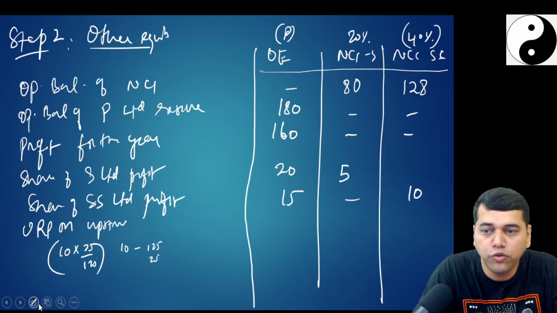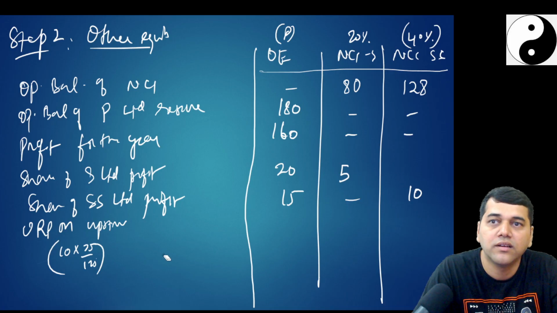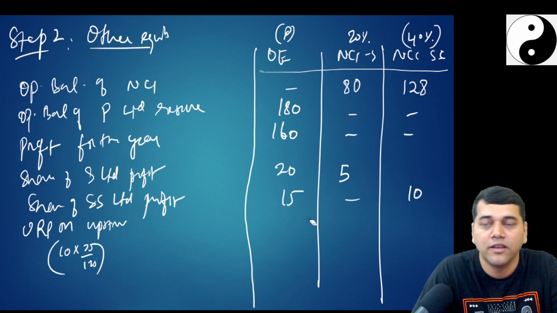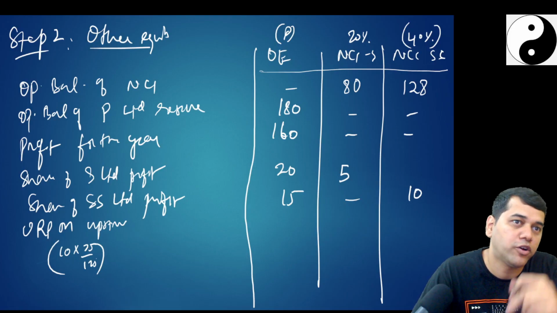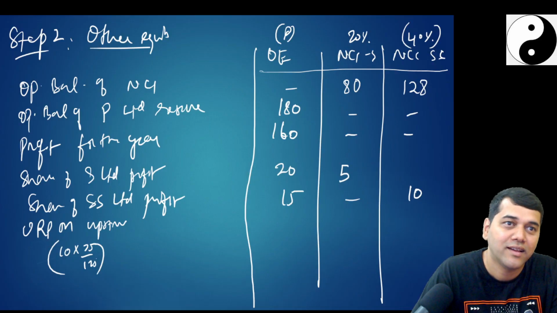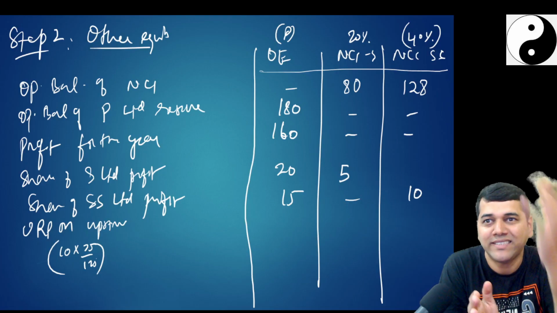Out of 2 rupees, whom do you have to add or deduct? Minus, because it's an unrealized profit. From whose share? Where is this profit sitting? Upstream or downstream? Between who and whom? S, but when you talk about CFS level, S doesn't come into the picture.